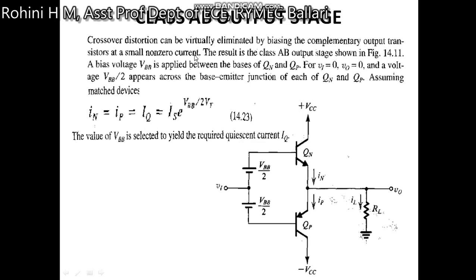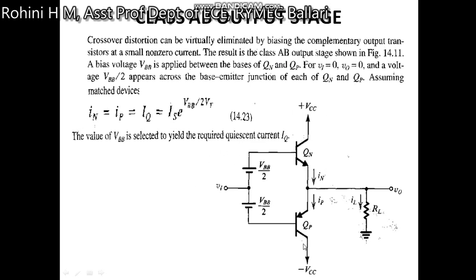In the class B amplifier we saw that crossover distortion was introduced. The result of biasing at non-zero current is the class AB output stage as shown in this diagram.